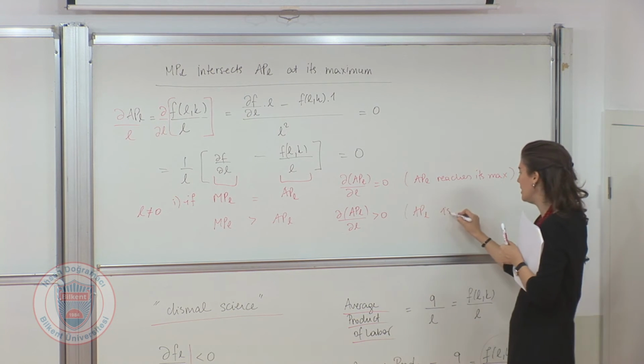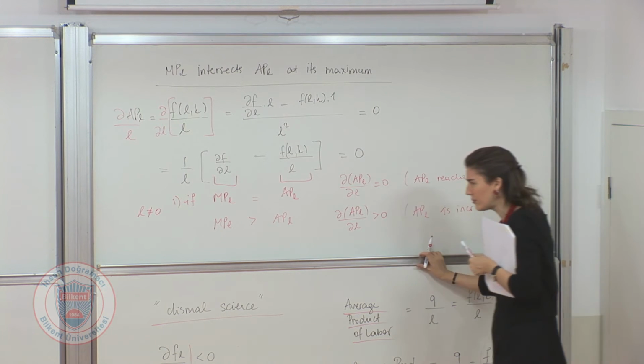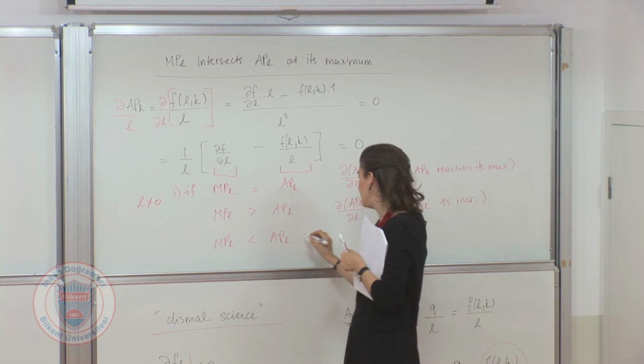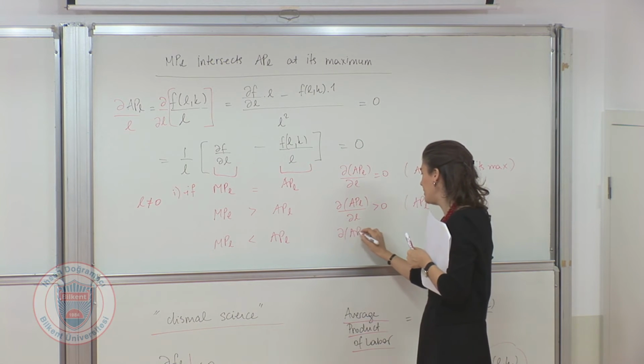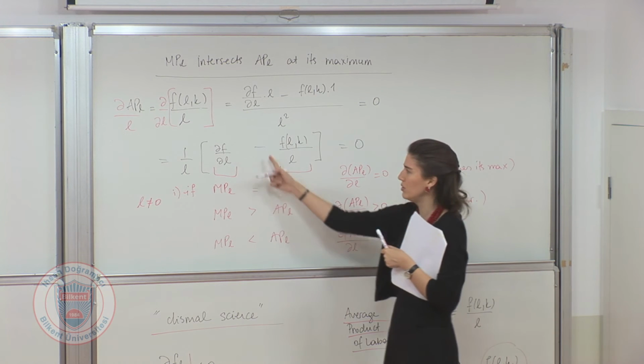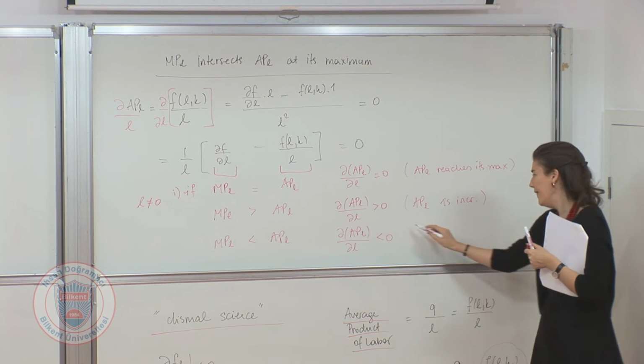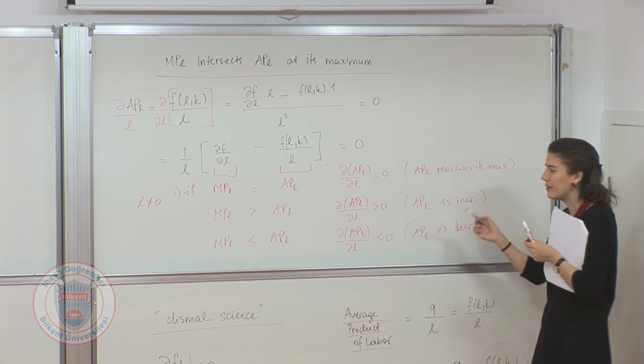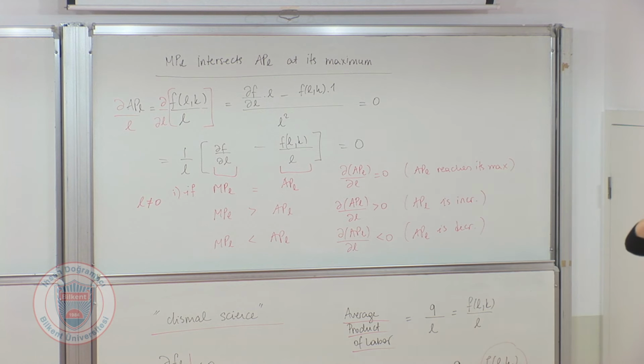And when MPL is less than APL, del APL over del L is negative, so you see this determines everything. Average product of labor is decreasing when marginal is below the average, okay?